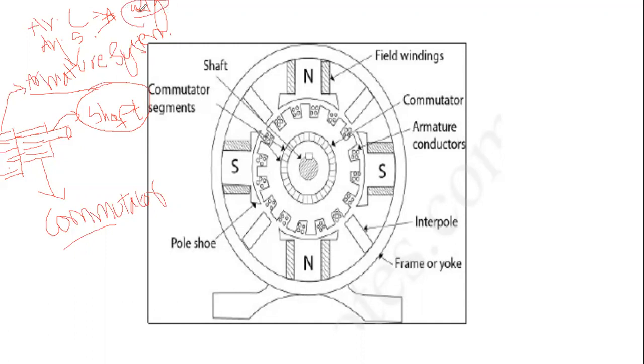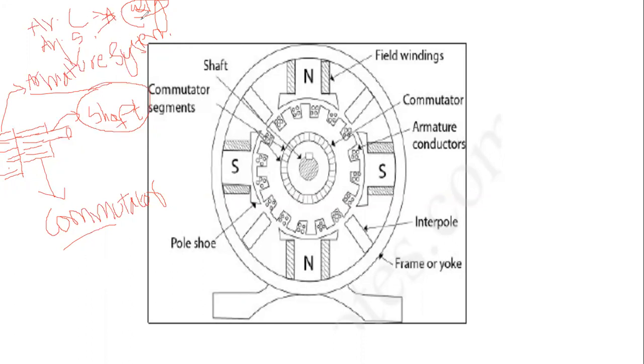According to Faraday's laws, whenever the magnetic field is cut by the armature conductors, an EMF is induced in those armature conductors, due to the cutting of the magnetic field produced by the field windings.